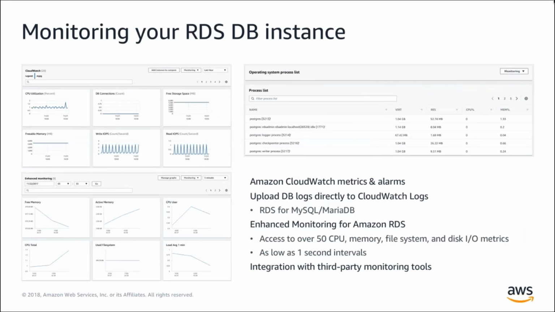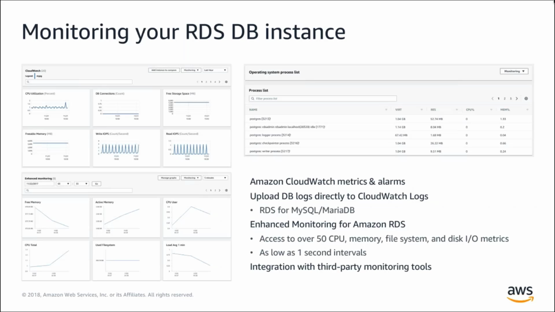With that, let's talk about how you monitor databases once you have deployed them. The most common metrics that we make available are the CloudWatch metrics, which are similar to EC2 instance metrics. It gives you access to the CPU utilization, memory usage, read and write operations, and connections coming to the database.